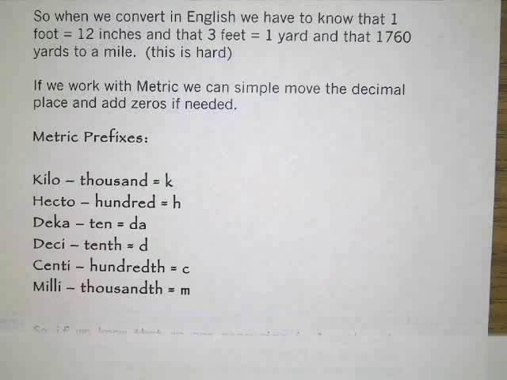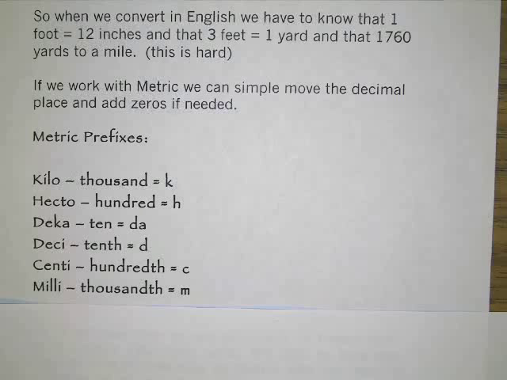So here are your prefixes and what they stand for and what their abbreviation is. So kilo is 1,000, and we label it with a K. So we could have kilometer, kilogram.